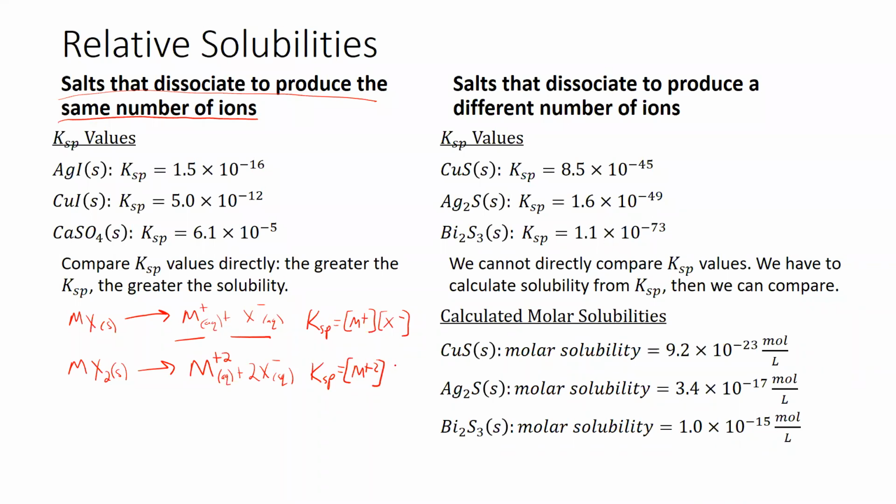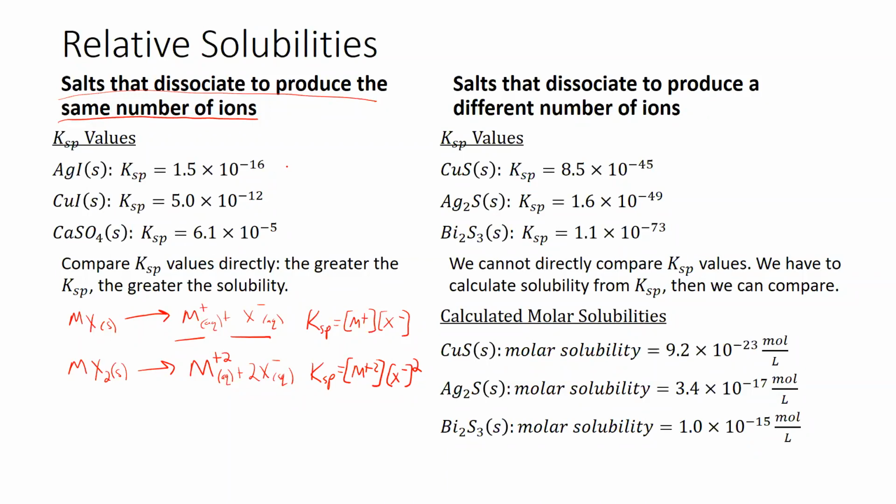So the concentration of the metal times the concentration of the nonmetal squared. And so in that case, you have a very significant difference, because these are really small values. When you square small values, you get a very different number than when you cube small values. And so that's a key difference here.